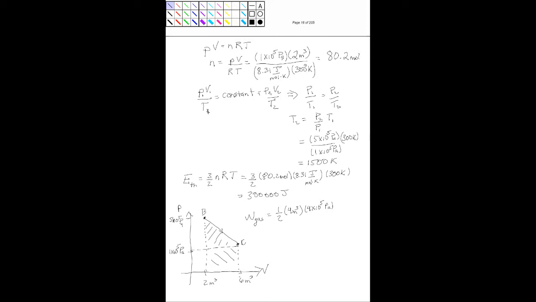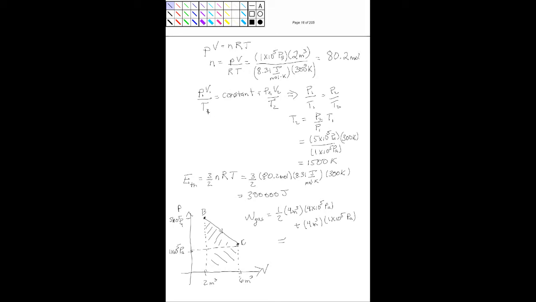We also have to include the area of the rectangle. So that is, again, the width is 4 meters cubed, and the height now is 1 times 10 to the 5 pascals. Good. So we plug these numbers in our calculator, and note that a meter cubed times a pascal is a unit of energy, or joules.